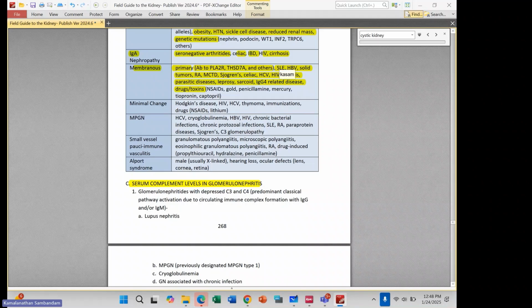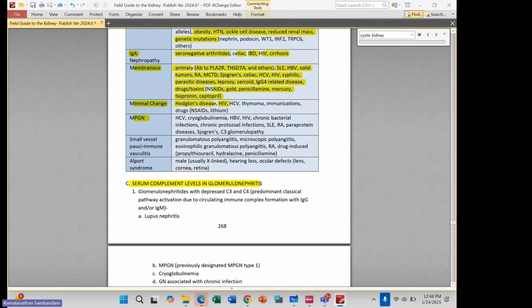Lupus being one of the most common. Hepatitis B is associated as well. Some cancers are associated, and then some drugs. Minimal change disease. Hodgkin's has an association, as you can see, as does HIV, and then others.